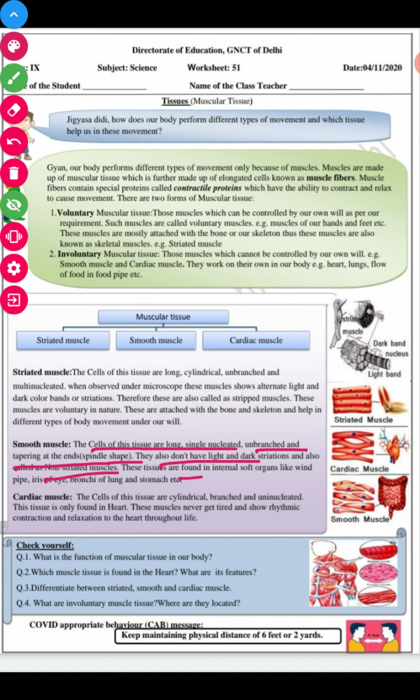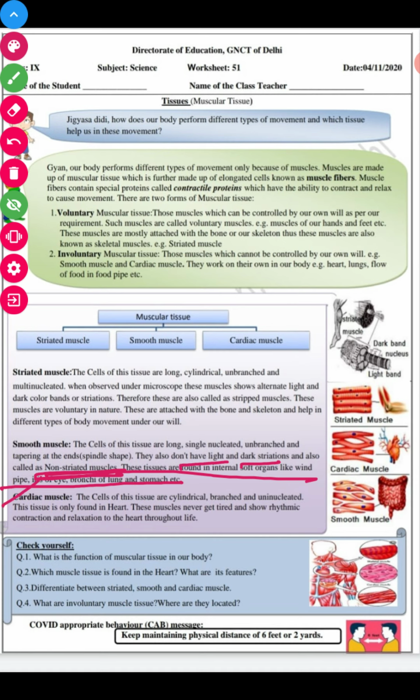These tissues are found in internal soft organs like the windpipe, iris, bronchi of the lungs, and the stomach. These muscles are found in many internal organs, but they don't have light and dark band striations, and that is why they are also called non-striated muscle, right?